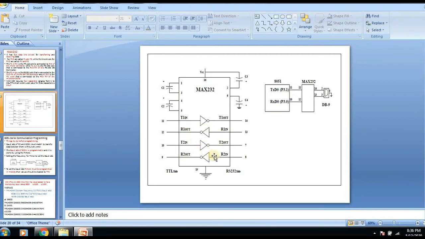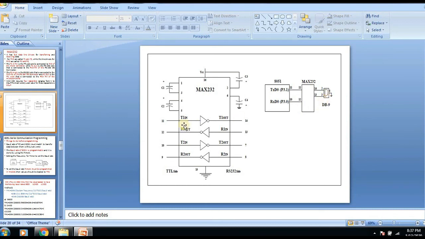Now we can see here, this is the TTL side and this one is the RS-232 side. TTL side means these pins are connected to the 8051, and the RS-232 side means these pins are connected to the DB9 connector.